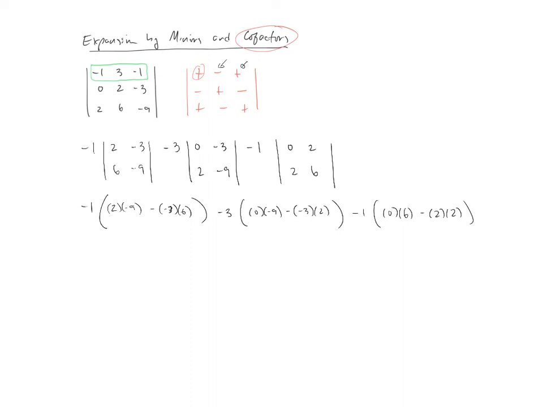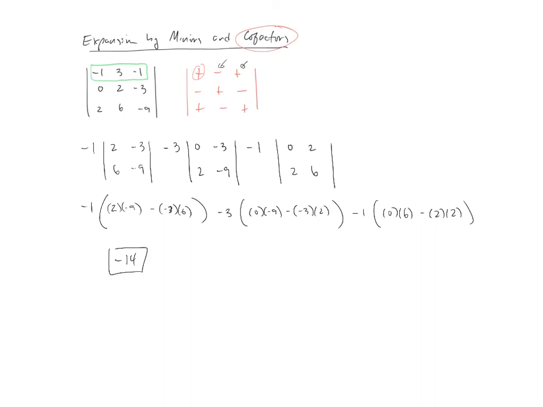So at this point, now it's just a matter of cleaning up this arithmetic. And when you do, you end up with a -14. So the determinant of this 3 by 3 that we started out with ends up being -14.